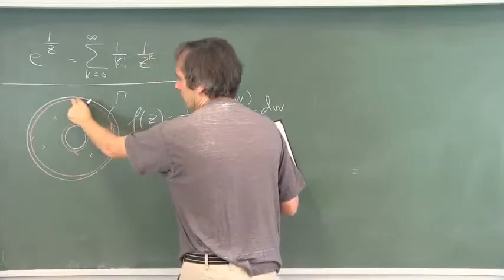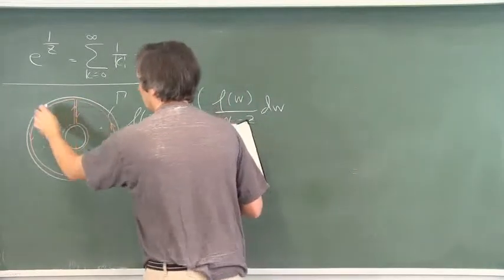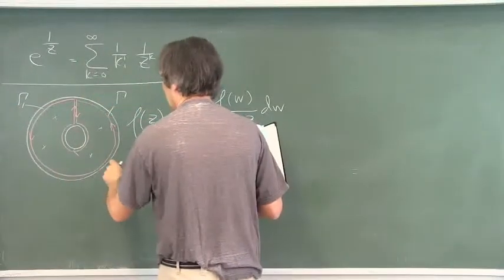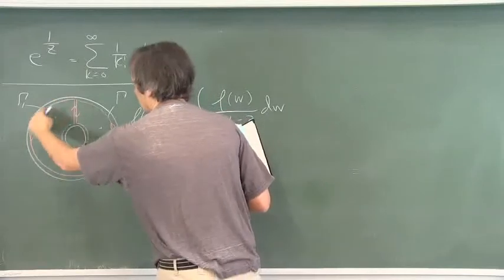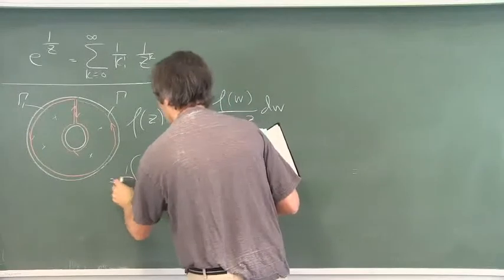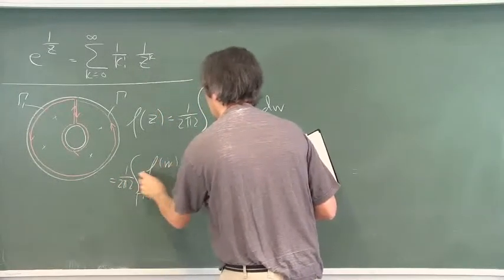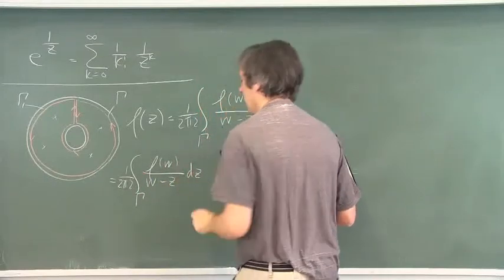But these 2 in the limit will cancel out. So if you call the outer curve here now gamma 1, then you will get a formula like this, that you have first the contribution from gamma 1, 1 over 2 pi i, and then f(w) divided by w minus z dw then.